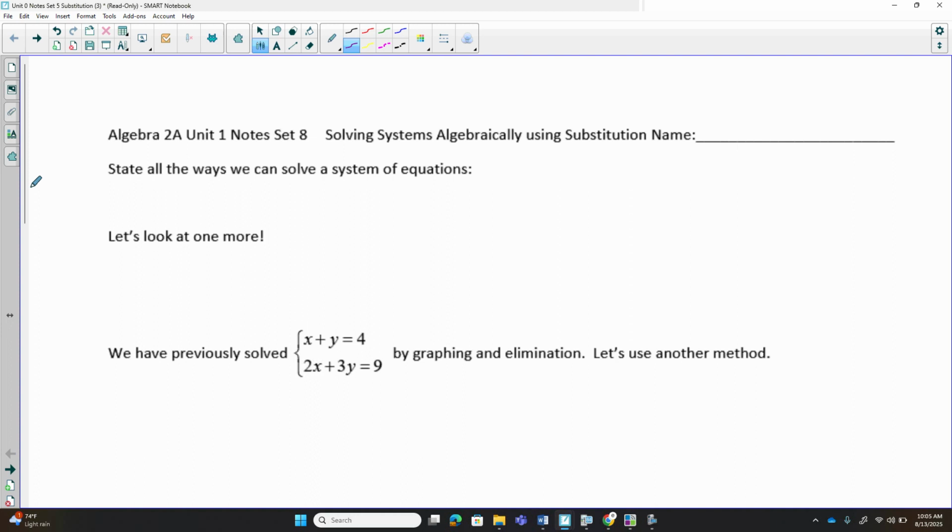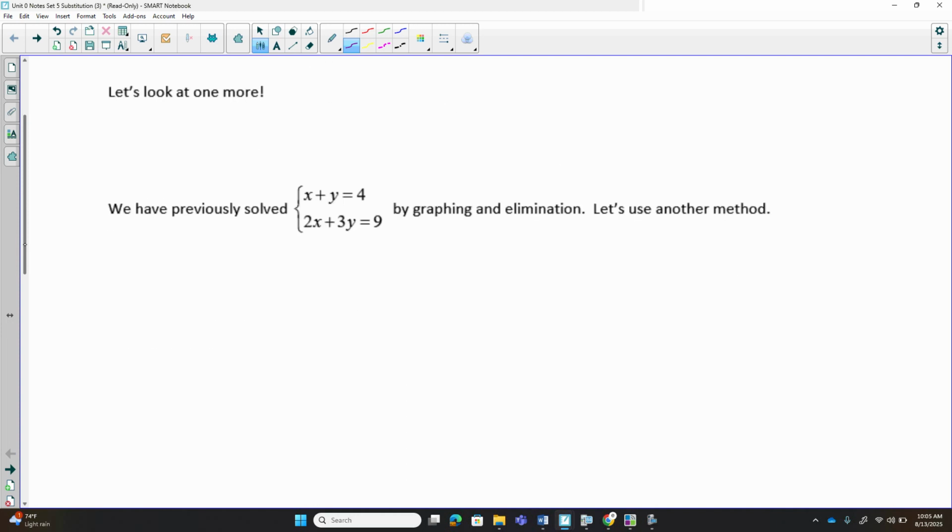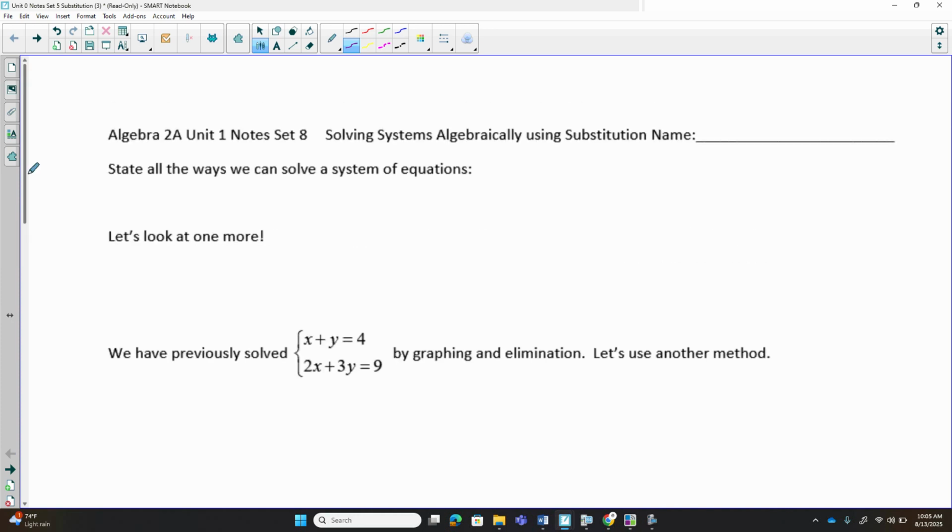All right, so previously in this case here, Addison, we graphed them, we did elimination, right? I'm going to call your name to make sure you're focused and paying attention up here. Now in this case, we're going to do what we call substitution. State all the ways you can solve. What are all the ways?